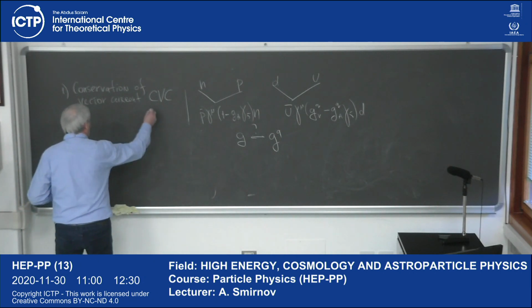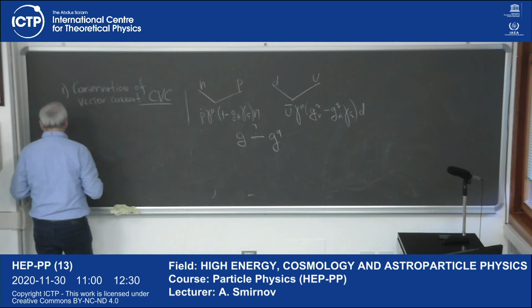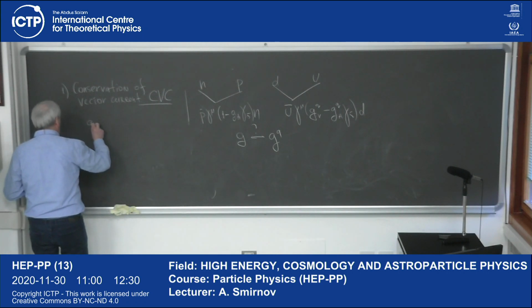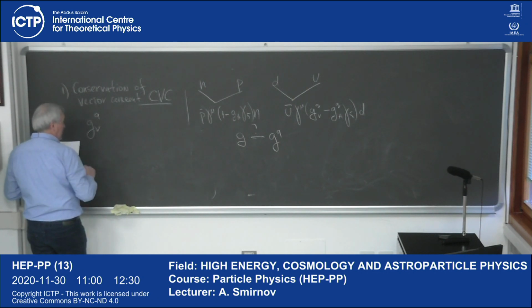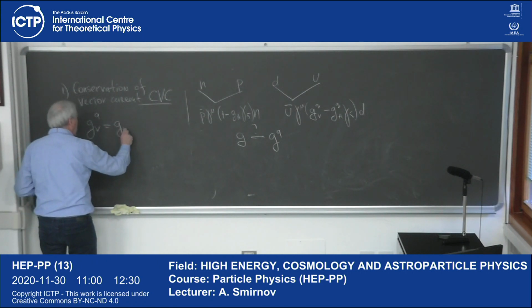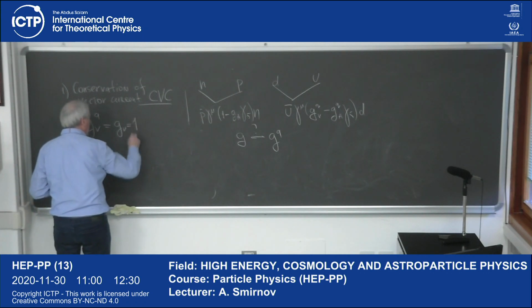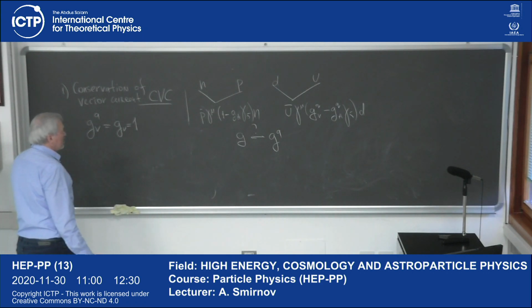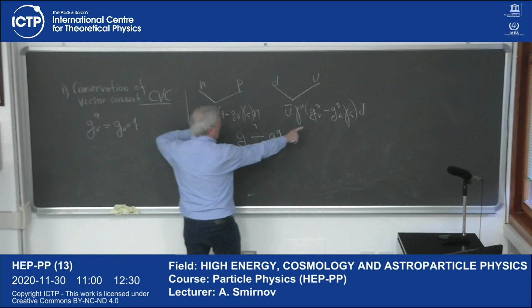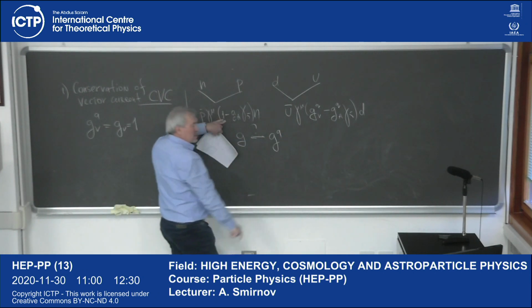So it turns out that according to this conservation of vector current hypothesis, G vector Q, this is what enters the quark current, is exactly equal to what we have at hadron level, and this is 1. So this coupling constant equals this one.